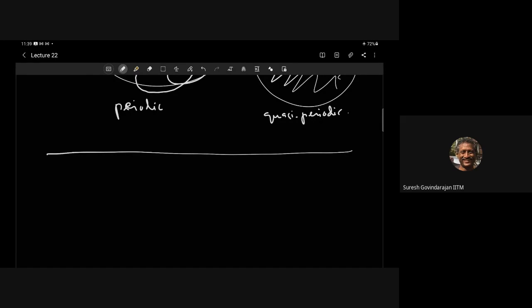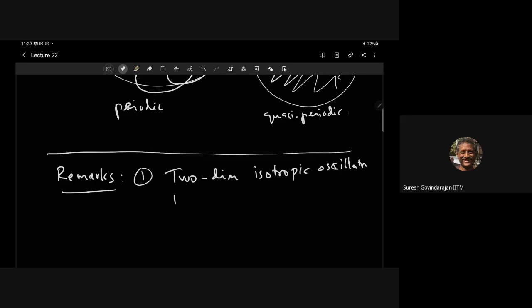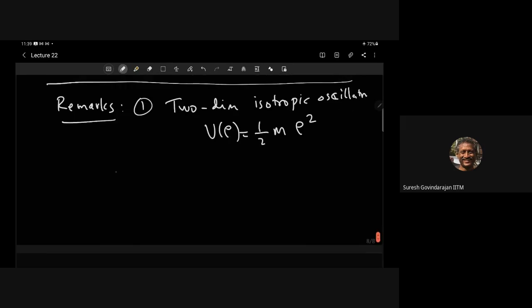So I'll just finish with some remarks. First one is the 2D isotropic oscillator. It's one example. So H here would be as in 2D. I just have to tell you what the potential V of rho will be: half m omega squared rho squared. But we can actually do something more interesting. We can write H in Cartesian.